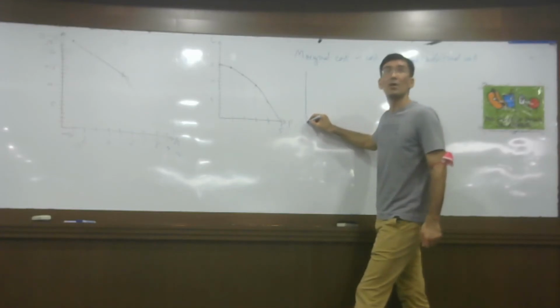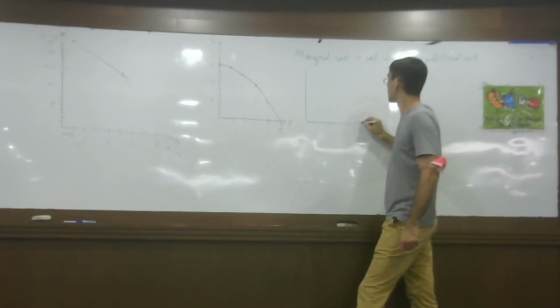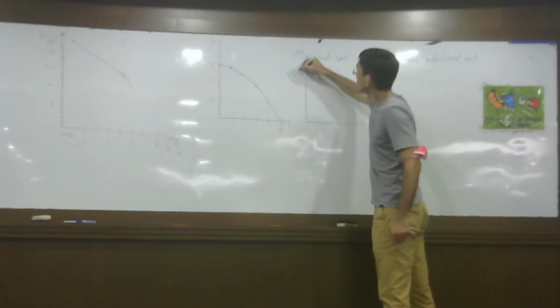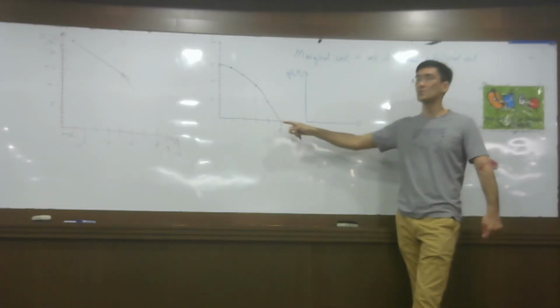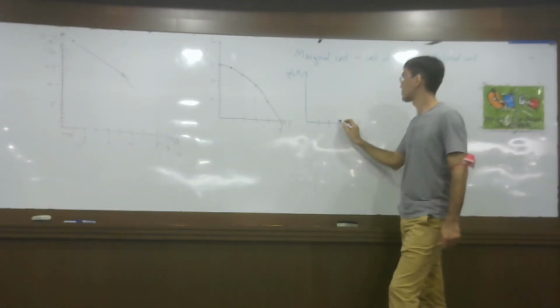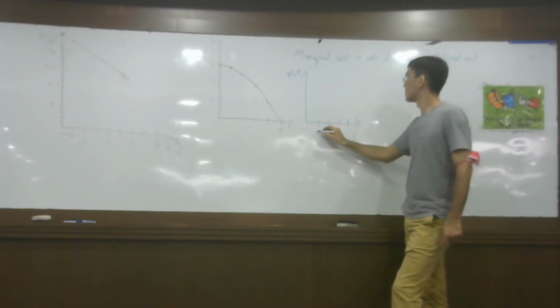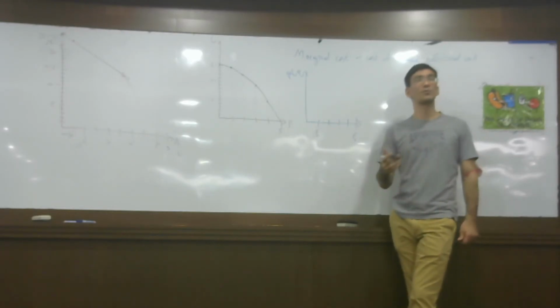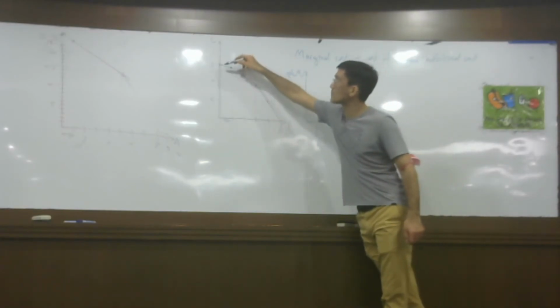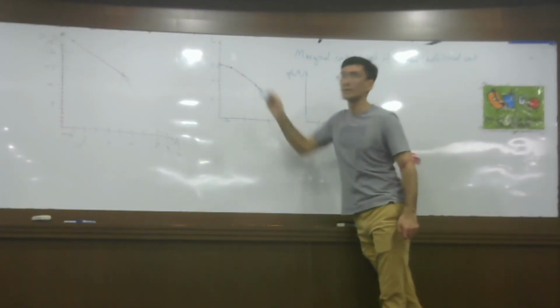Let's make a chart of the marginal cost of pizza from this PPF. So we have 5 pizzas, 1, 2, 3, 4, 5. The first pizza is going to cost me 1 cake, right? Because if I want to have that first pizza, I'm going to lose 1 cake.